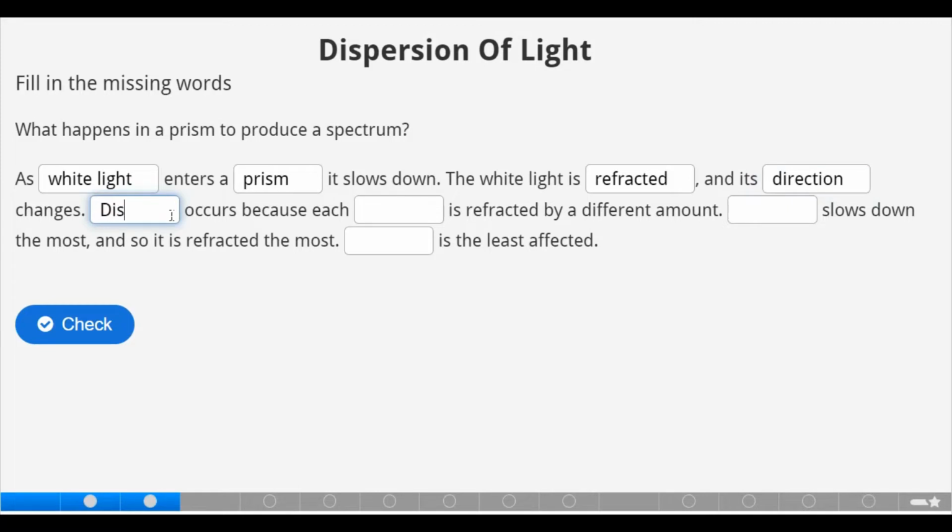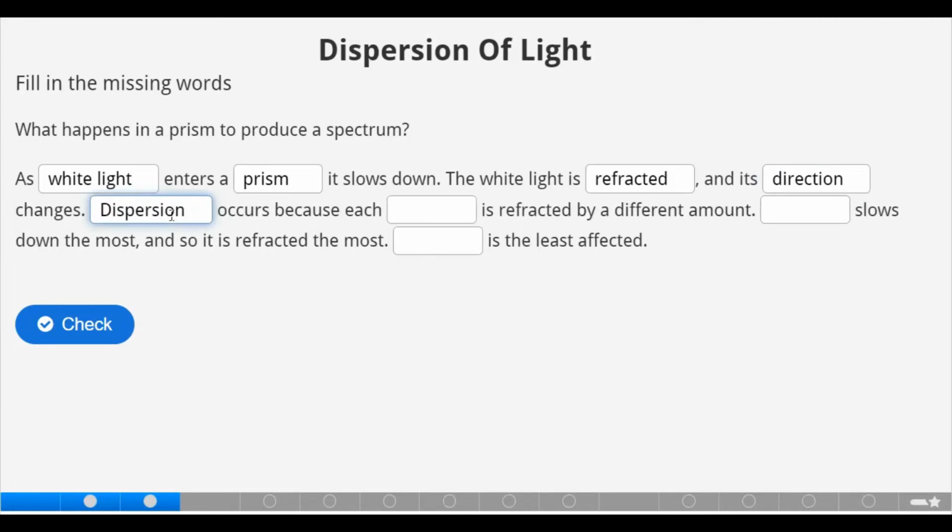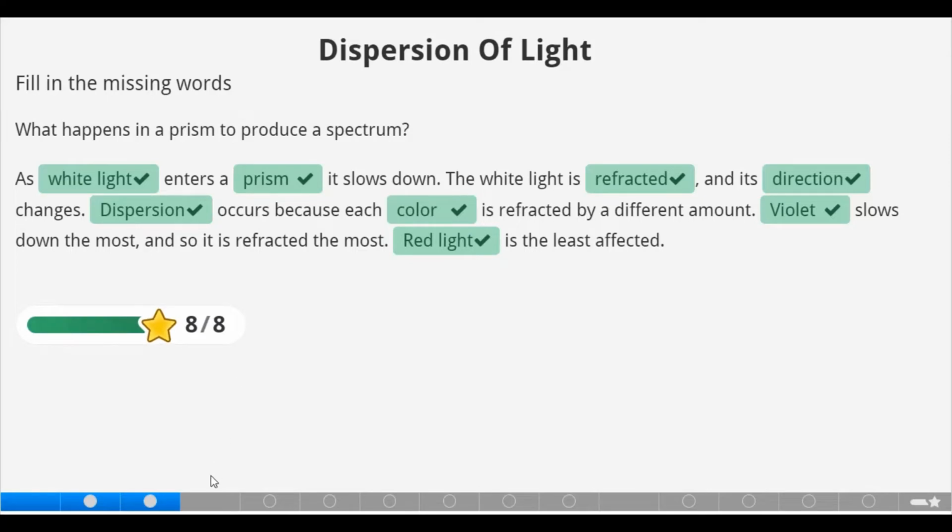Now, dispersion occurs because each color is refracted by a different amount. Violet slows down the most, and so it is refracted the most. Red light is the least affected. So we check. That's correct.